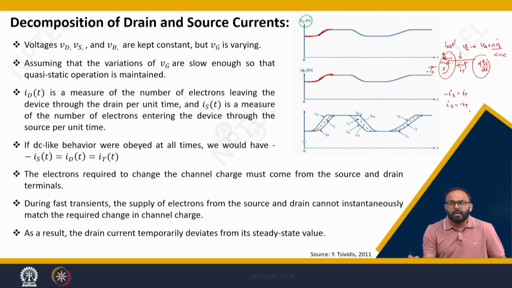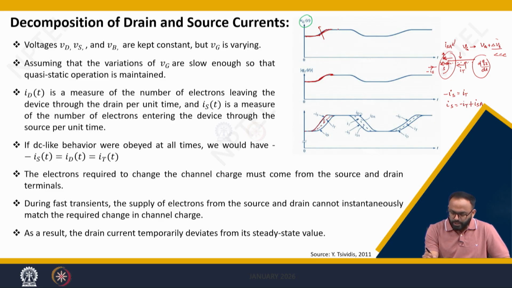That was the picture we have discussed, but now when the gate voltage is increasing, you have to have some extra electrons, meaning some extra current will flow from channel to source, and that is what we can write as ISA. So, if you see closely, minus ISA is higher than the total current.